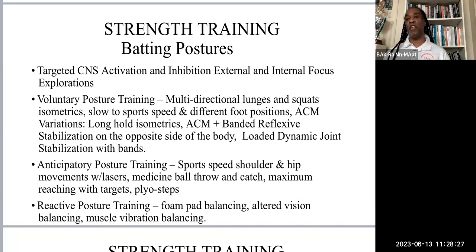Anticipatory posture training. We'll use tools like sports speed of shoulder and hip movements with lasers. If you have lasers, that's great. You attach a laser to the arm, or you attach a laser to your midline, right?